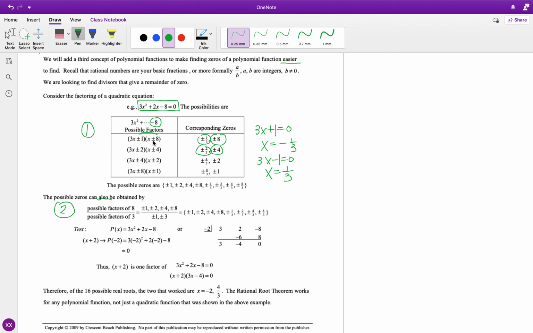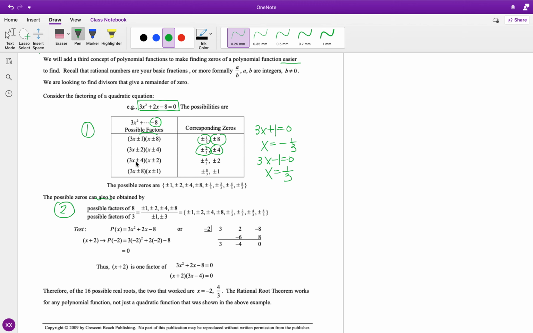The possible factors of 8 are this one with that one, that one with that one, and so on. So that becomes just 4 of them, because the other 4 are the same thing, supposedly 8, but it's just 4 possibilities.